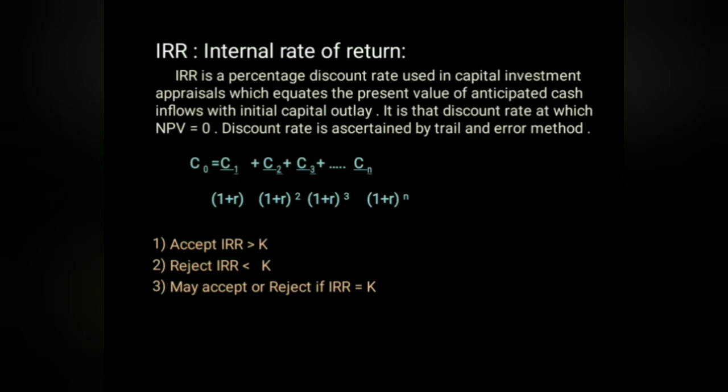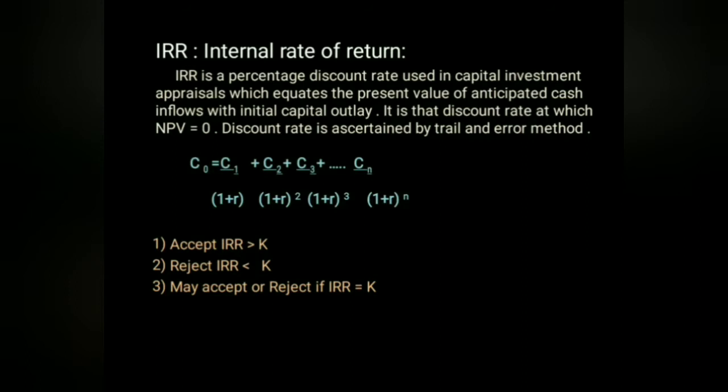If the IRR is more than the required rate of return, we will accept the project. If the IRR is less than the required rate of return, the project can be rejected. If IRR equals the required rate of return, the company may accept or reject.